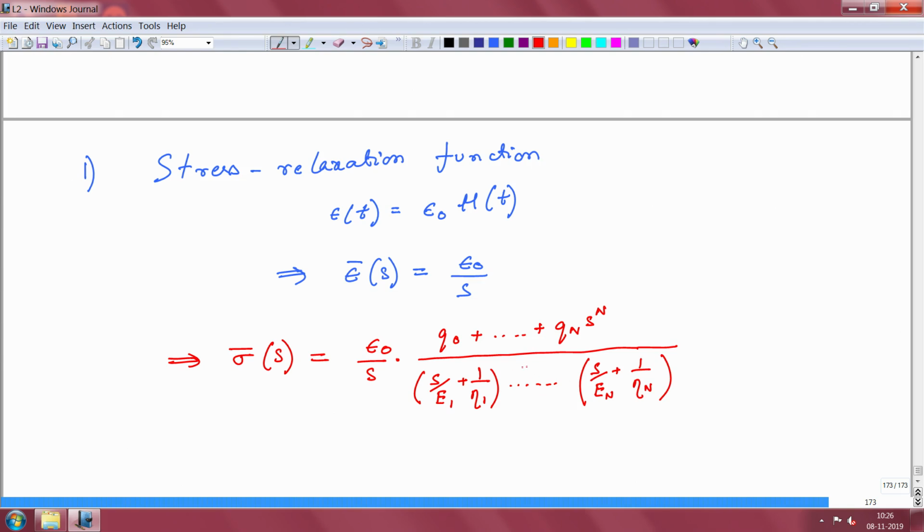And the question is, we cannot take the Laplace inverse of this, we have to express it in some simpler format.